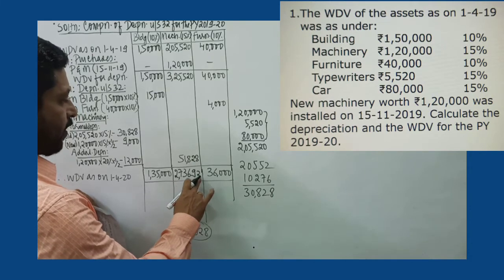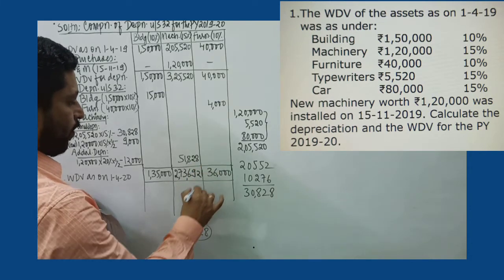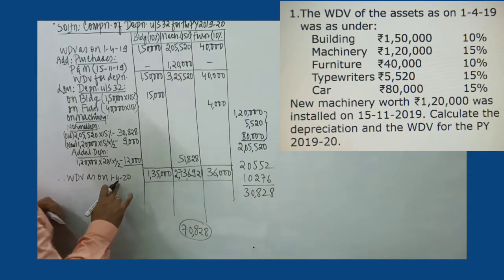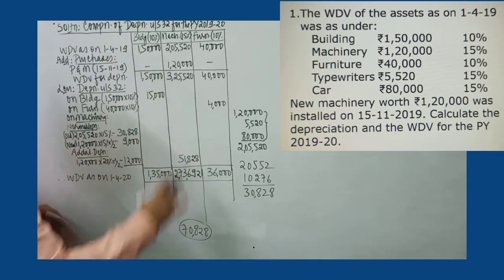Sorry, 2,73,692 will be the written down value that is starting for next year's depreciation.